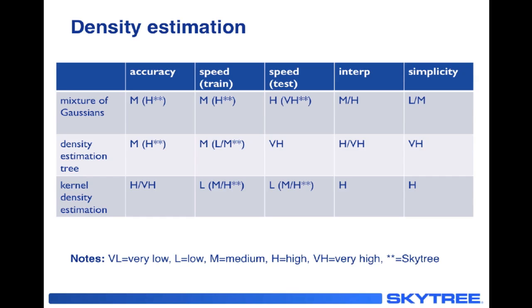Okay, so density estimation we'll start with. So your first most common method that's not too simple. Too simple would be probably like one big Gaussian. That would be a simple density estimate. A mixture of Gaussians. And by the way, you can make this non-parametric.